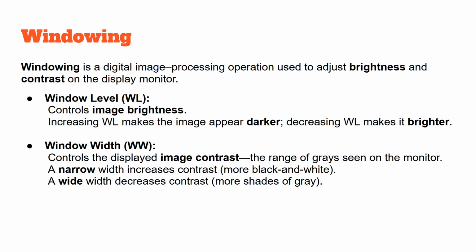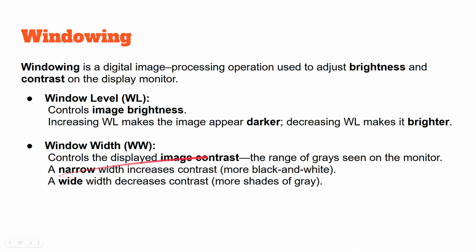Then you have your window width. This controls image contrast, the range of grays seen on the monitor. A narrow window width increases contrast. It's more black and white. It's sort of like how the text here is completely black, and then it's just a white screen.